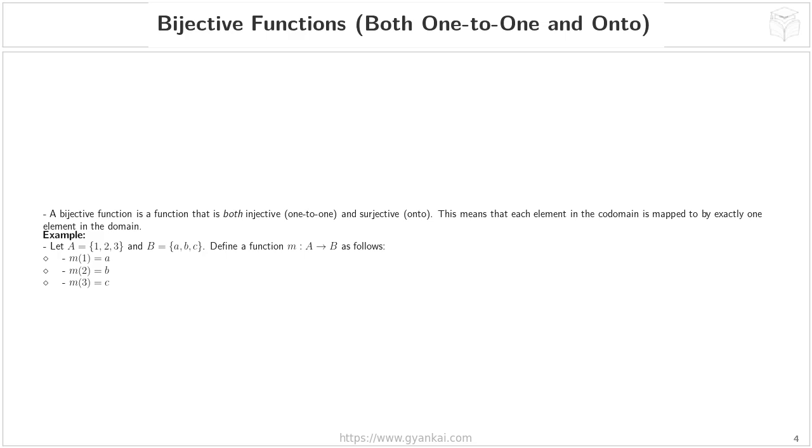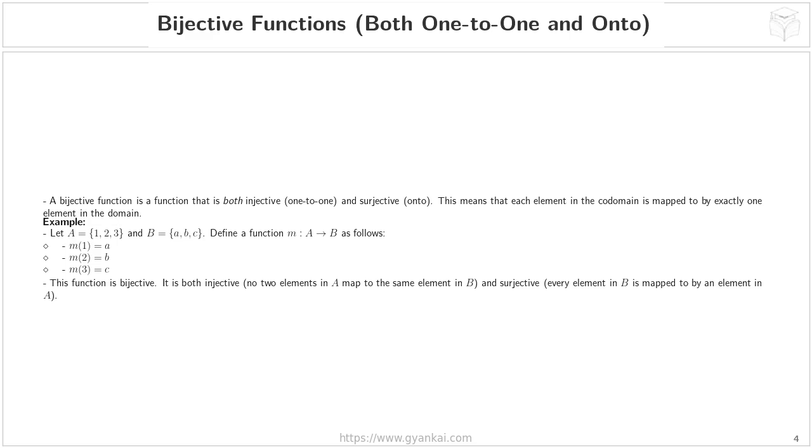And a surjective function, or onto function, ensures that every element in the codomain is mapped to by at least one element in the domain. So, a bijective function combines these two. This means that each element in the codomain is mapped to by exactly one element in the domain. It's a perfect pairing, nothing is left out, and nothing is duplicated in terms of mapping.